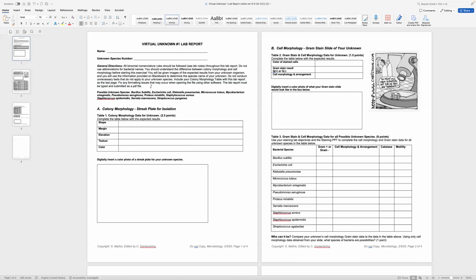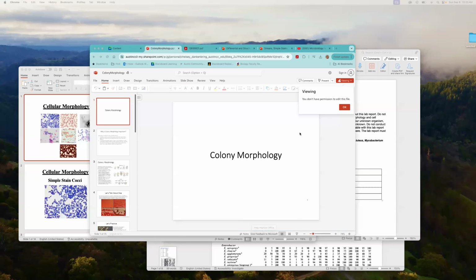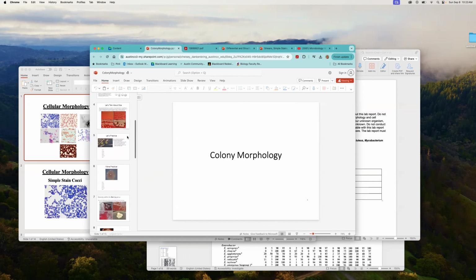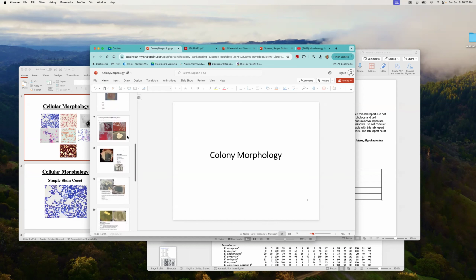But the possible unknown species are here. And right here, in the colony morphology section, is where you would enter the information about what your colony looks like. You can go back to the colony morphology PowerPoint that we had and take a look at some of the colony morphology.